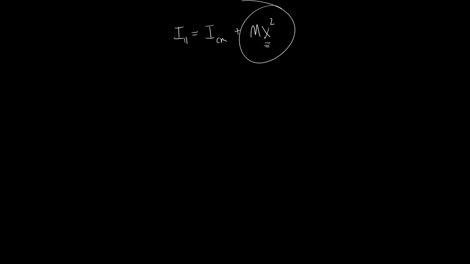In fact, if x is much bigger than the size of the object, then the moment of inertia just becomes mx squared. This is the point mass simplification.